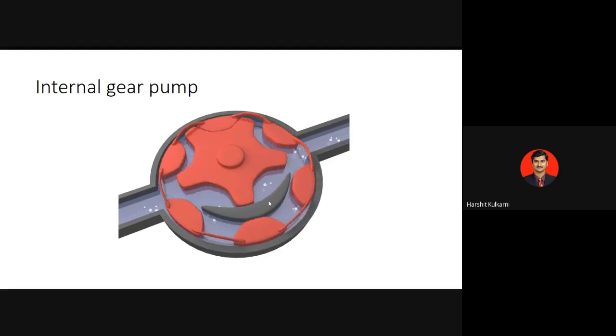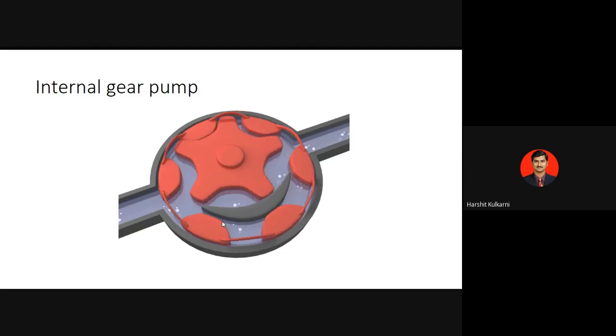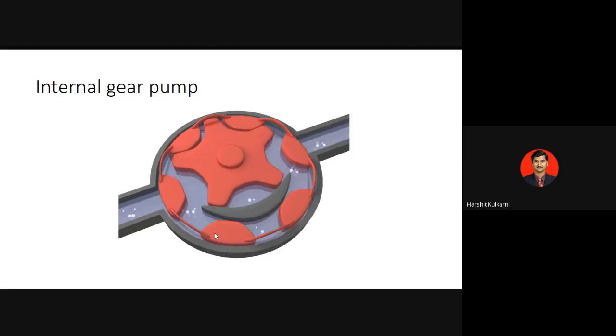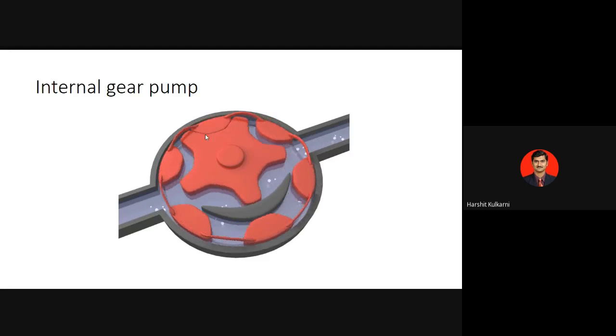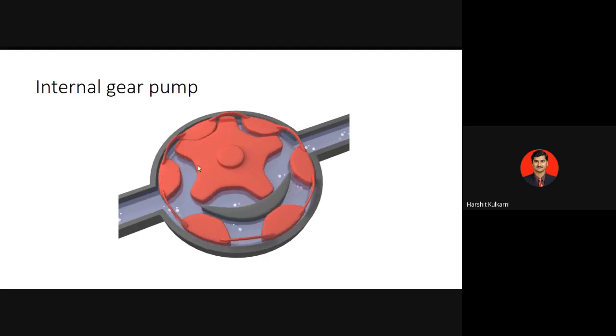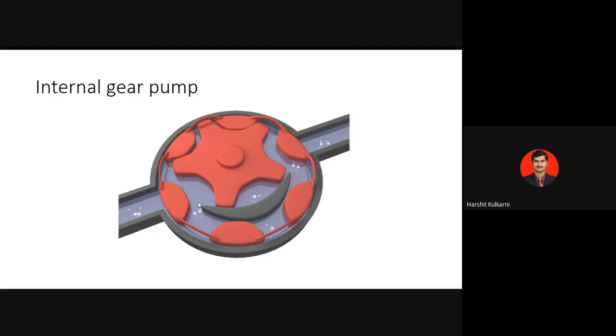What is a seal? A seal is nothing but that which will define the intake and the outlet, or you can say inlet and outlet. If you observe, at any point of time, this portion wherein the two gears are meshing out from each other, a suction pressure is generated.